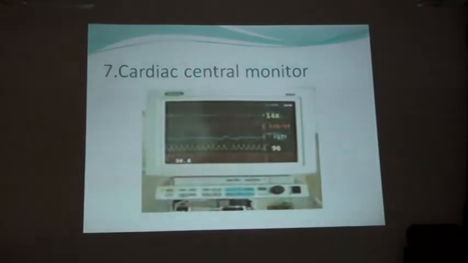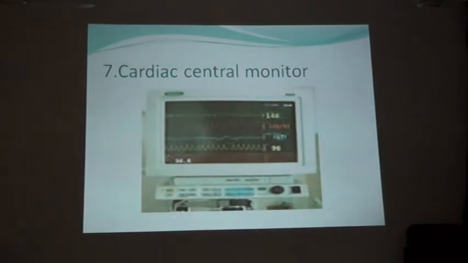Similarly, monitoring. When you are seeing monitors, there are 7-8 parameters worldwide, whether it is in USA or Delhi or any corporate hospital. Generally 7 parameters monitoring is possible. What are the parameters? One is BP, other is pulse, third is respiration rate, fourth is temperature, fifth is saturation, then invasive BP, and sometimes EtCO2.